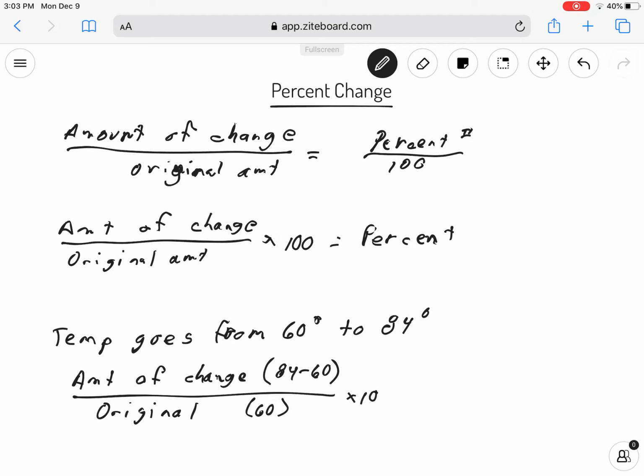And then we'll multiply that by 100. So 84 minus 60 is 24 over 60 times 100, and that equals my 40%. And that's an increase, obviously.